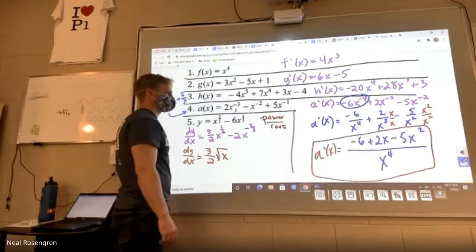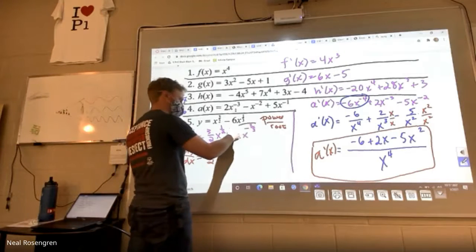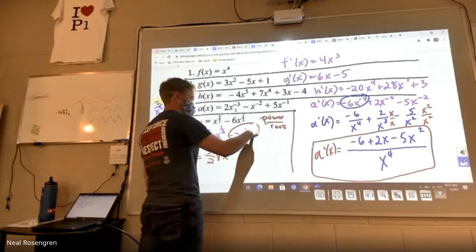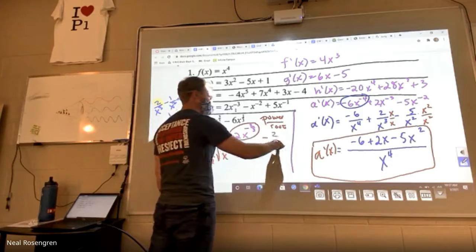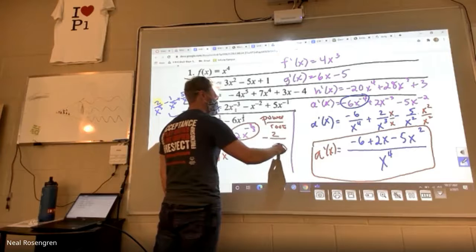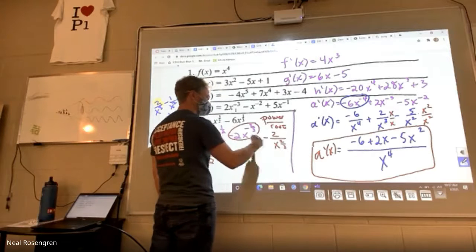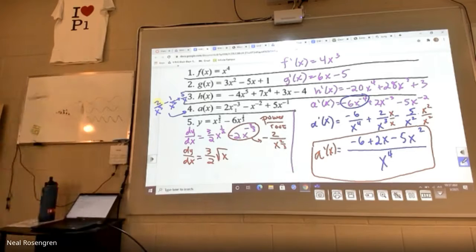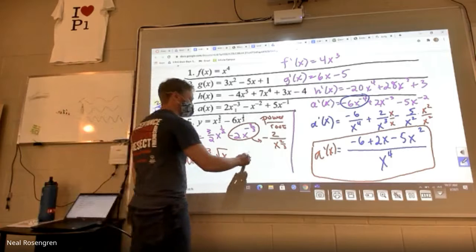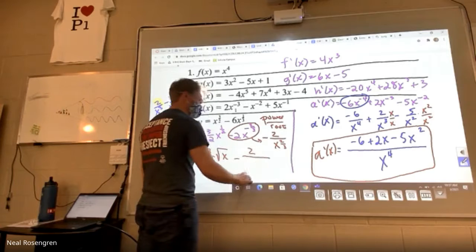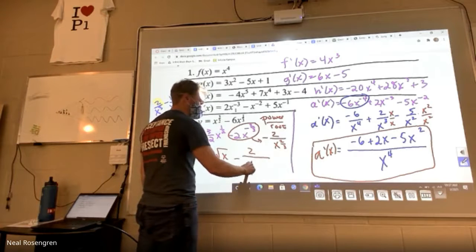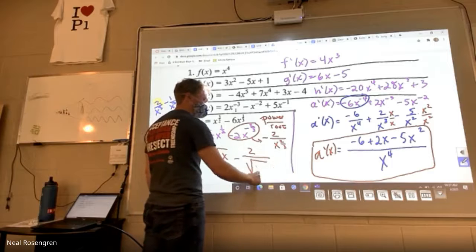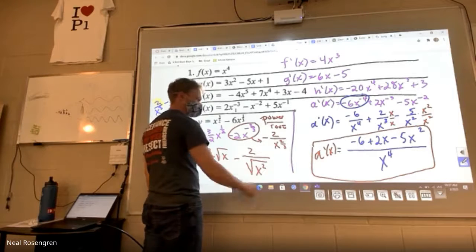Now, this right here, that is -2 over x to the 2/3. That's what that is right there. I have to take care of the negative exponent first, but now I even have to get rid of the fraction altogether and say, okay, my power is 2, so this is x squared underneath here.